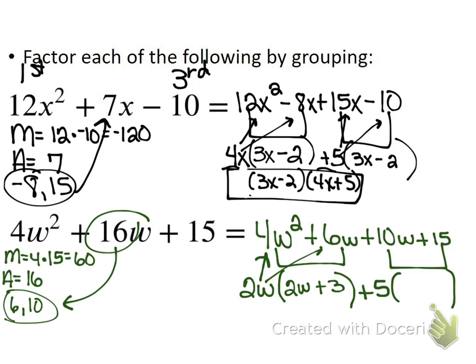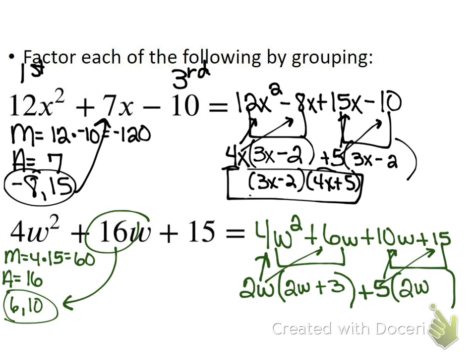We do the same thing. So what's it going to look like inside my parentheses here, Logan? So I'm going from 5 times what gets me to 10W? 2W. And then 5 times what gets me to positive 15?